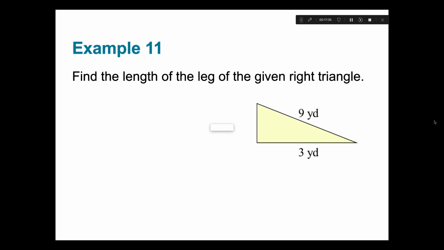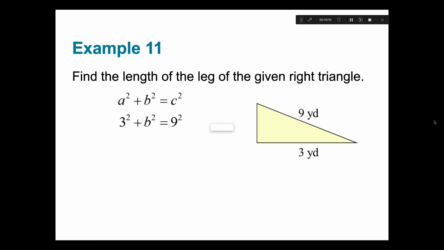Here's our next one. This time they give us the hypotenuse, and we have to find our missing leg length. So I suggest starting with that formula again. A squared plus b squared equals c squared. Input the information that we have, leaving out what we don't. It does not matter if you use a or b as your variable. You can put that 3 in either spot.